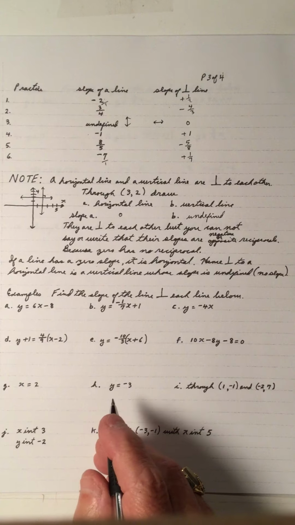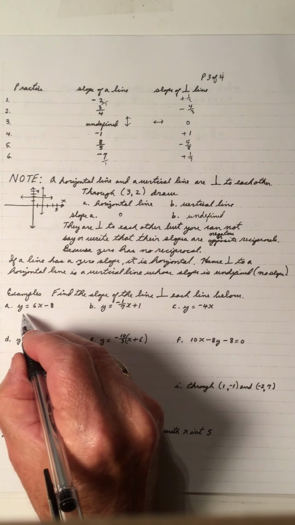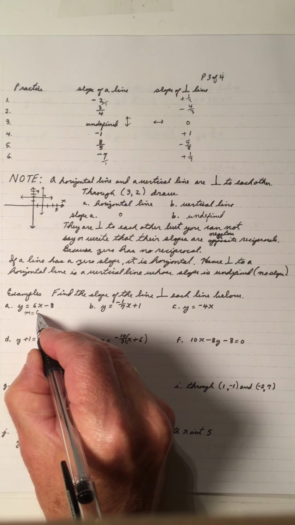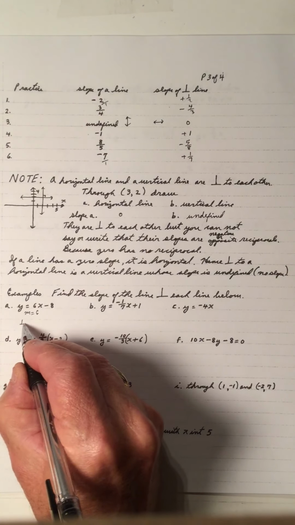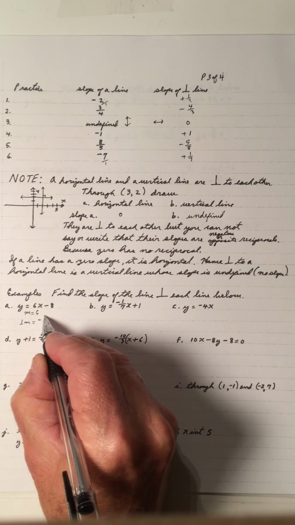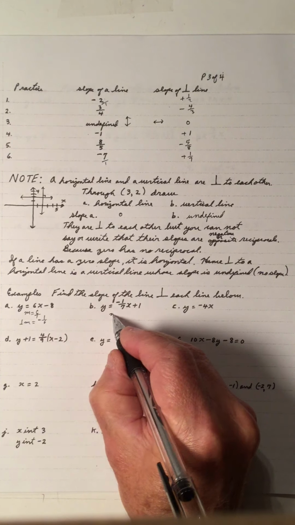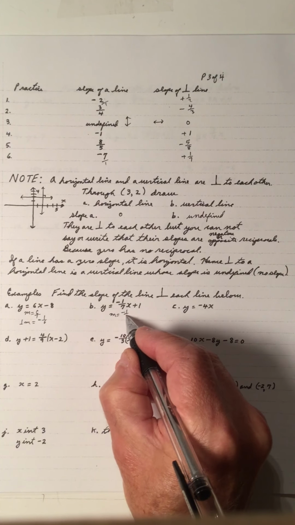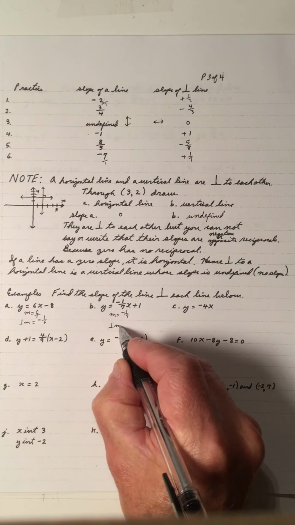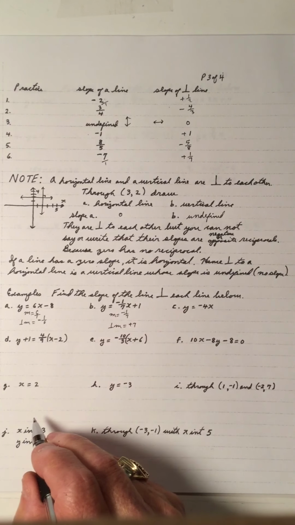0 has no reciprocal. Find the slope of perpendicular lines to each. So the slope of this line right here is 6. So the slope of the perpendicular line is negative 1 over 6. Remember, that's a 6 over 1. The slope of this line is negative 1 over 7. So the slope of the perpendicular line is a positive 7.